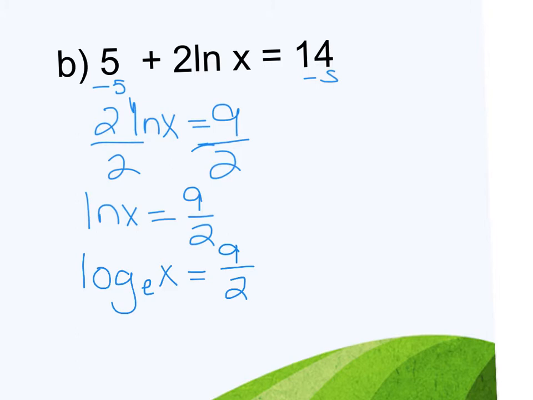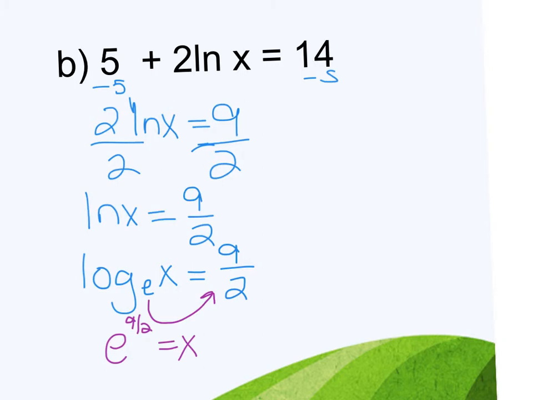And then what? Okay, get it into exponential notation. So e to the 9 over 2 equals x. Nick. Say again. Because ln is log base e.